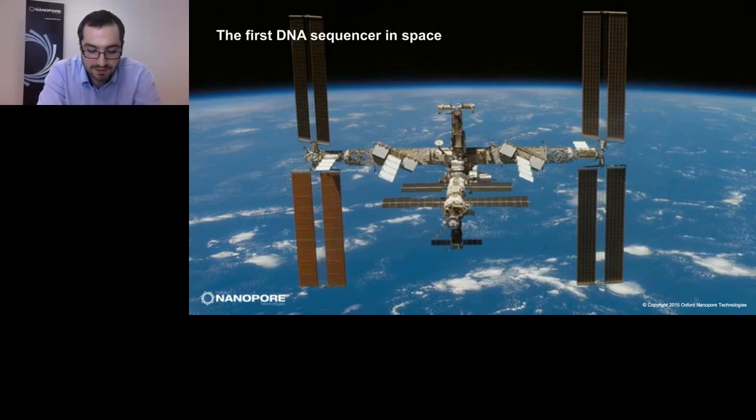If you have nicks dotted around your template, then as the motor protein is processing the DNA and feeding it through the pore, if you get to a nick, the strand will terminate there. The read will terminate there, you won't get to the hairpin, you won't go around the corner, and you won't see the complement. So you would lose the 2D information because of the nick.